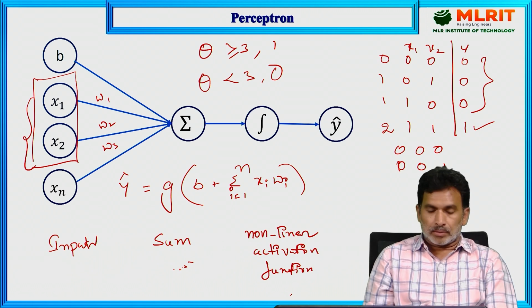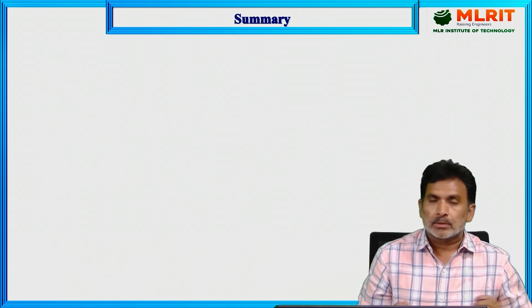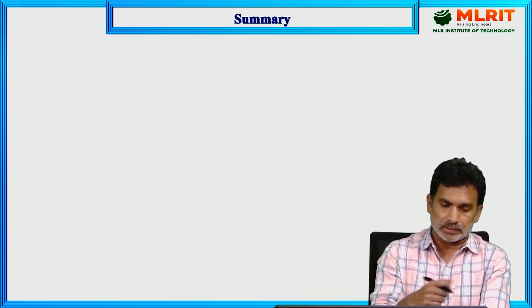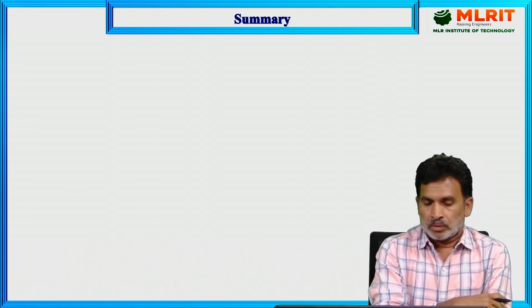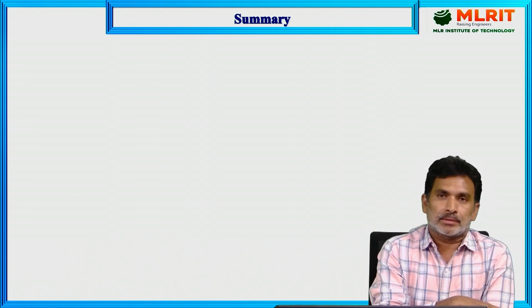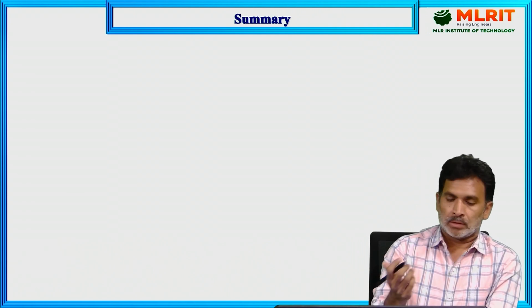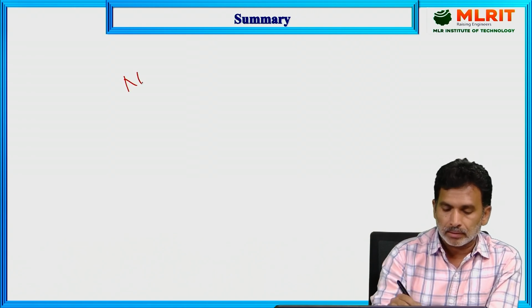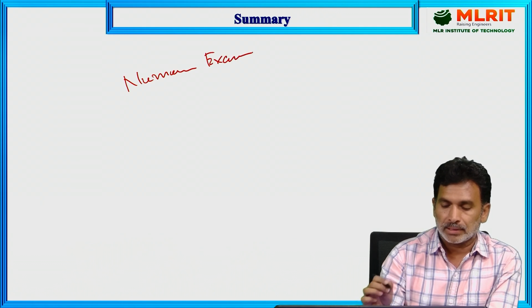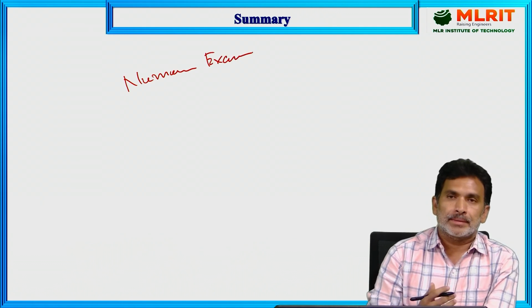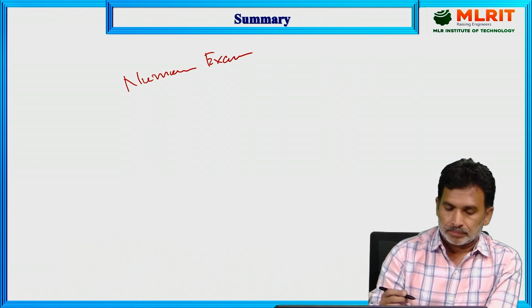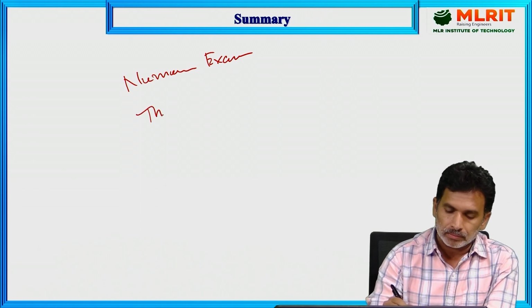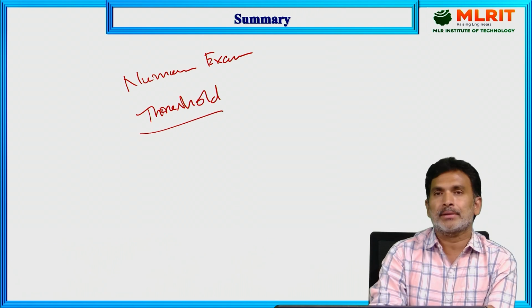So that's it. In this lecture, let us quickly recall the key takeaways. Here we mainly discussed a numerical example of the perceptron, mainly the threshold value and how we can define the threshold.